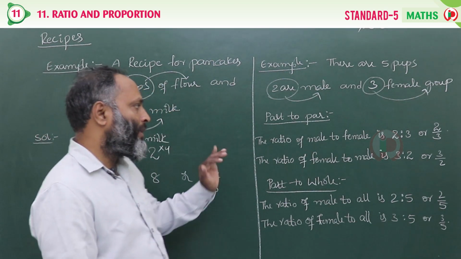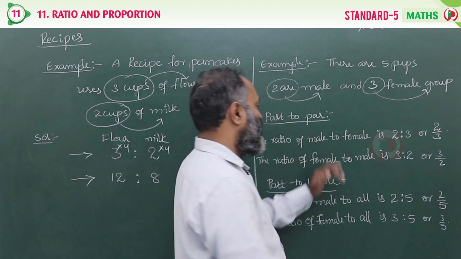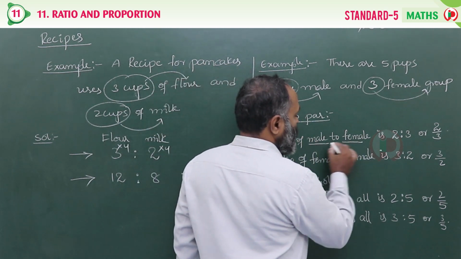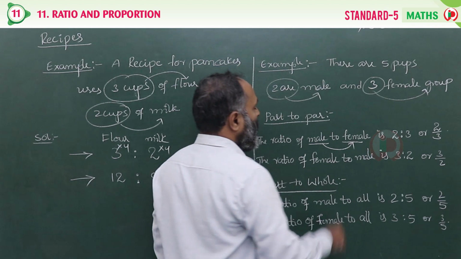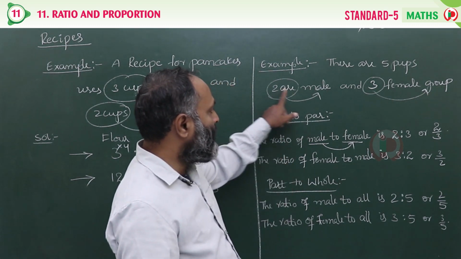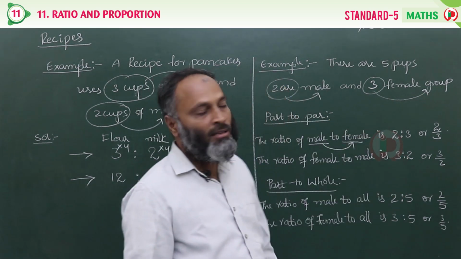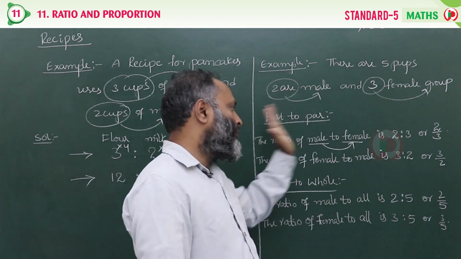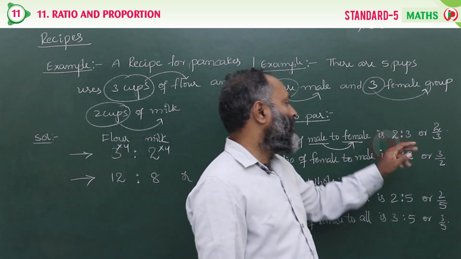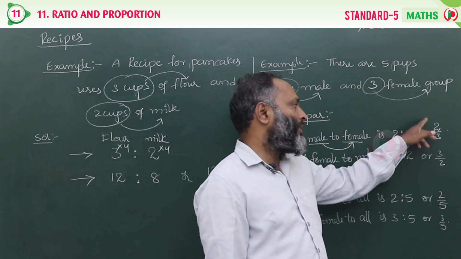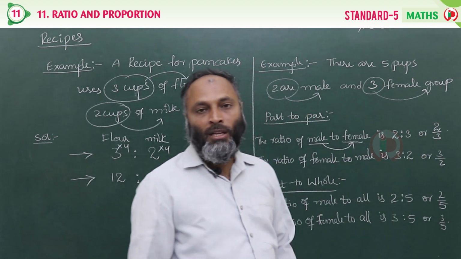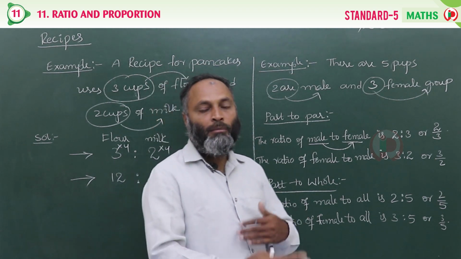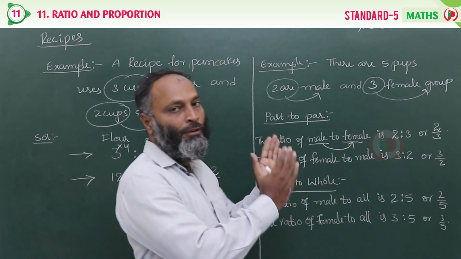See here, the ratio of male to female. If you compare male to female, how many males are there? 2. First you should write males, and females 3. Male to female means 2:3, or otherwise in fraction 2/3. This is the comparison between part to part, male to female.